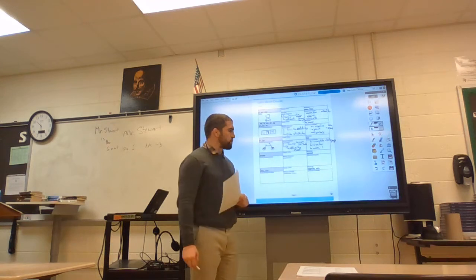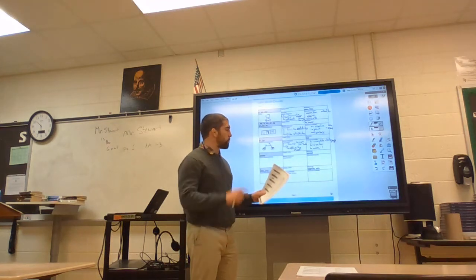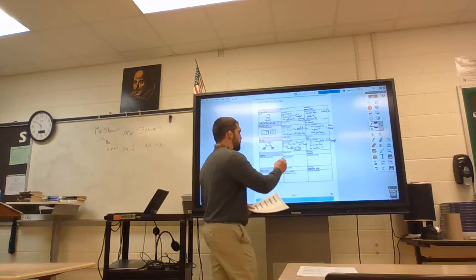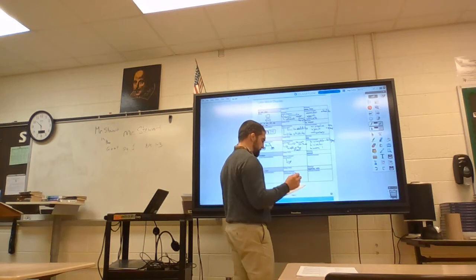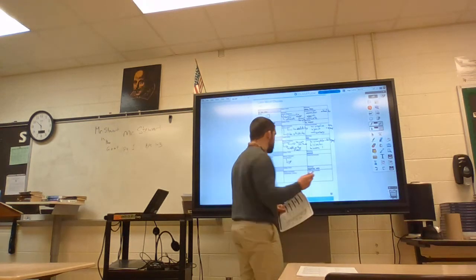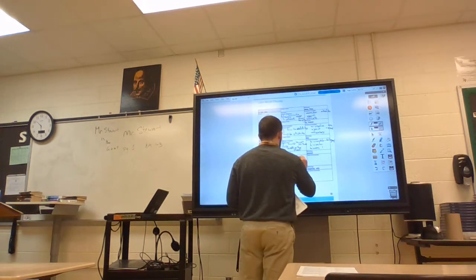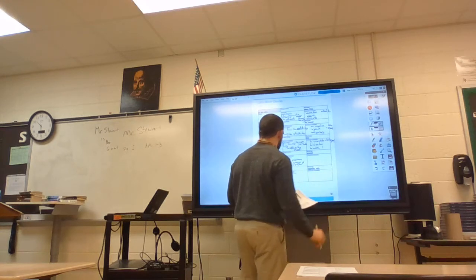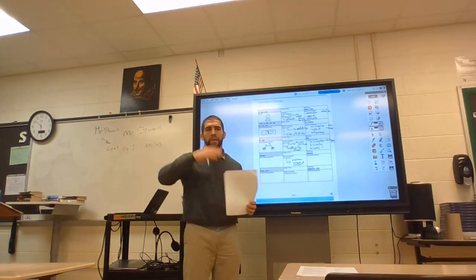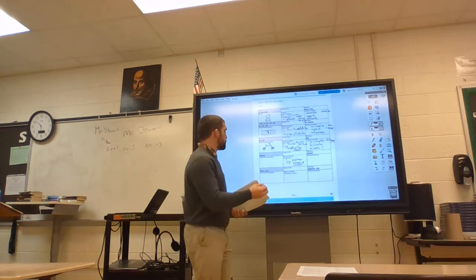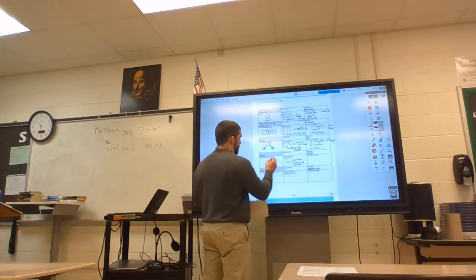Next word is circum. Circum meaning around. For our example words, circumference. We understand this is the distance around the circle. And then for our example words, I just am thinking of a circle. So we're going to just draw a circle and we're going to draw arrows going around it.